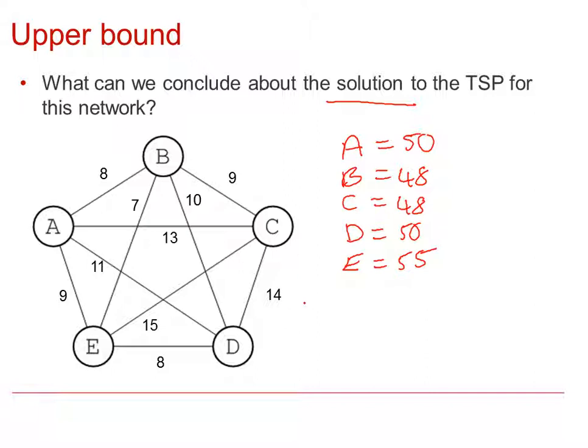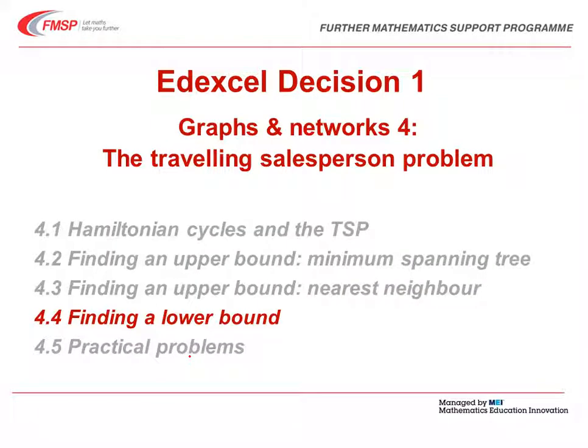So if the length of the optimal tour is T, then we conclude for this network that T must be less than or equal to 48. So our least upper bound, according to the nearest neighbour algorithm, is 48. Our next session will be finding a lower bound.